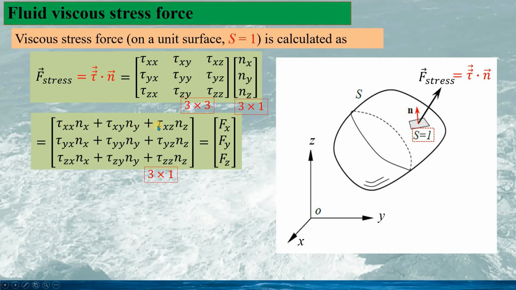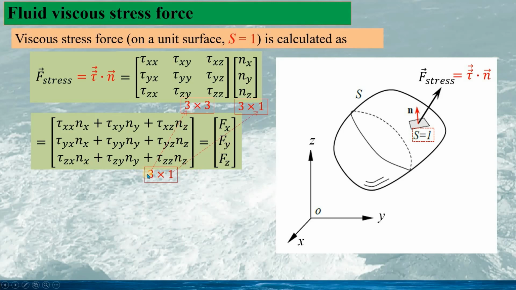The first row of the result is obtained by the first row of the tensor times the vector components and added together. The second row of the force vector is the second row of the tensor times the vector and added together. Similarly for the third component of the stress force.